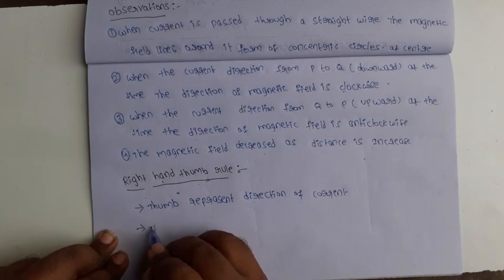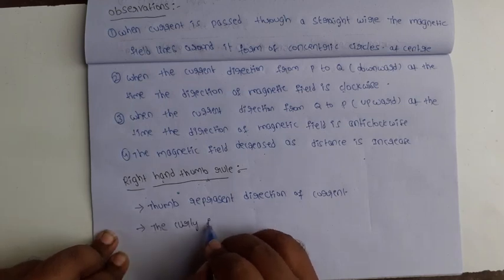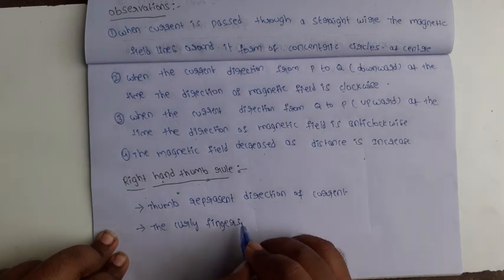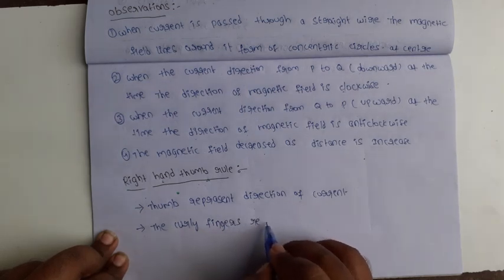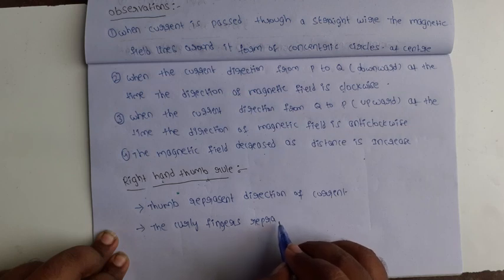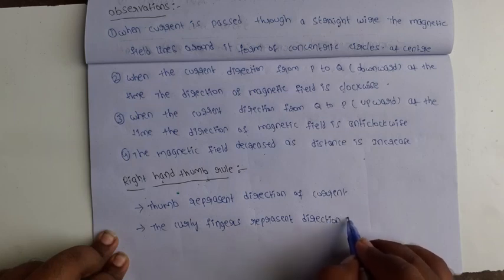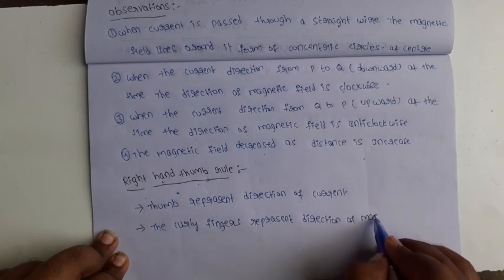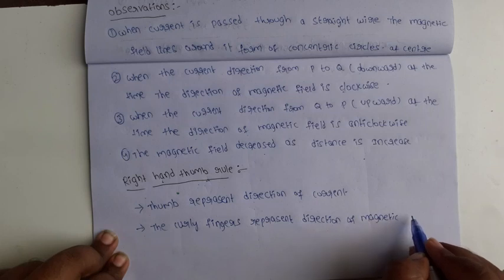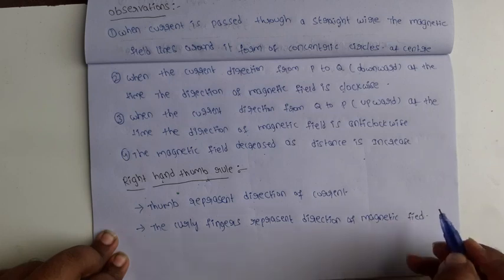Second point, the curly fingers or remaining fingers represent the direction of the magnetic field.